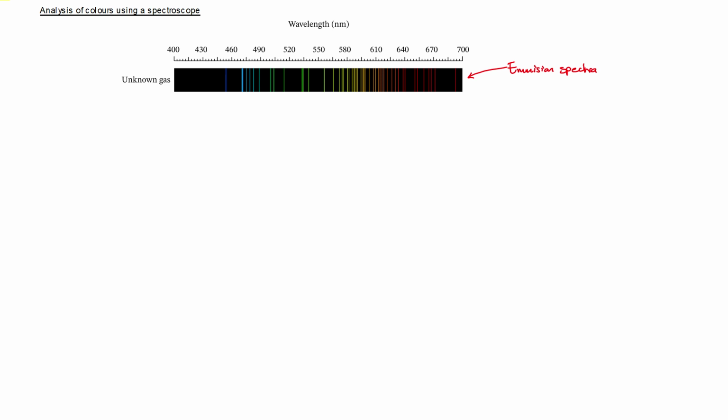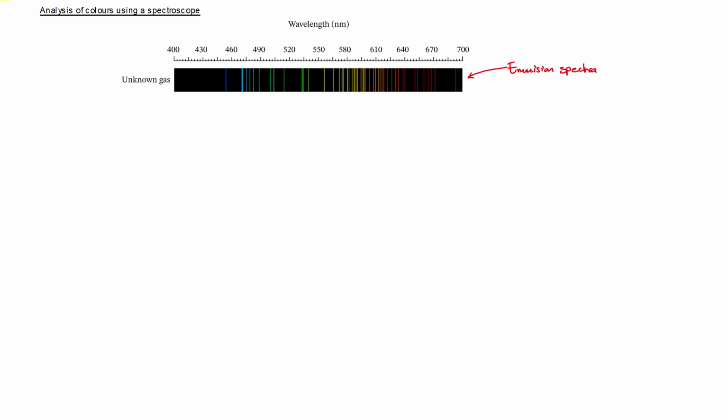And we can see some blues, greens, yellows into reds, almost throughout that visible spectrum. We've got loads of bands of light here of different wavelengths, but this is specific to a particular element. So we can use this as a fingerprint for a specific element, but also compare it to known, recorded ones, and identify what this unknown gas is.